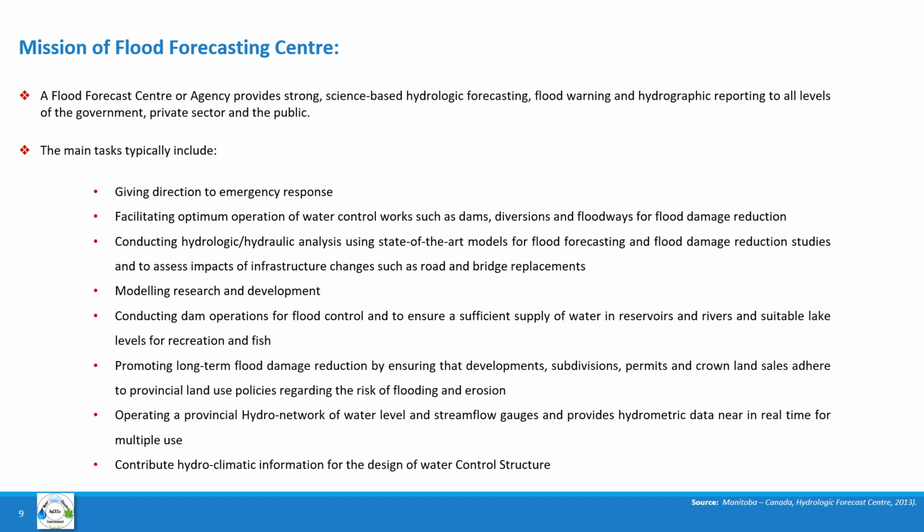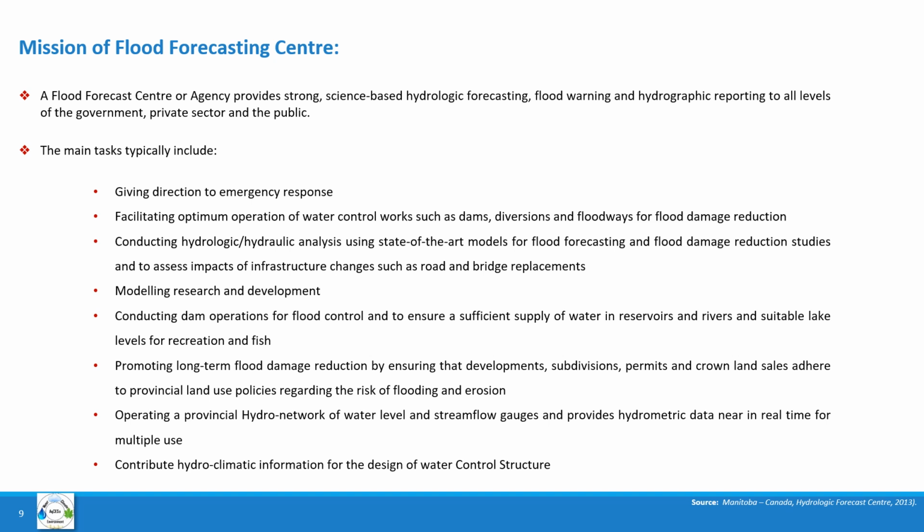The main tasks include giving direction to emergency response, facilitating optimum operation of water control works such as dams, diversions and floodways for flood damage reduction, conducting hydraulic analysis using state-of-the-art models for flood forecasting and flood damage reduction studies, and assessing impacts of infrastructure changes such as road and bridge replacements.